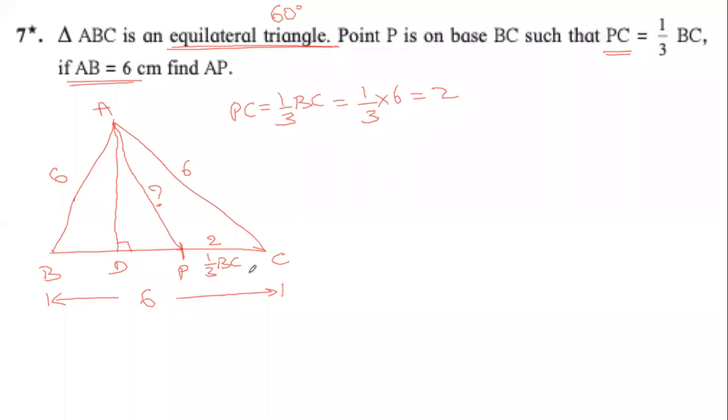Now, is there any way we can find this side? Let us think and tell me, can we find PD in any way? We cannot find the length of PD yet, but now let us look at triangle ADC.